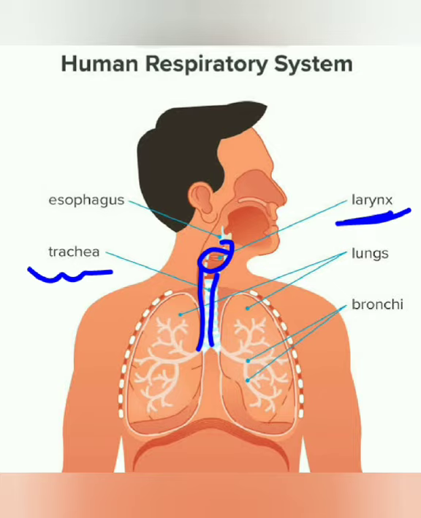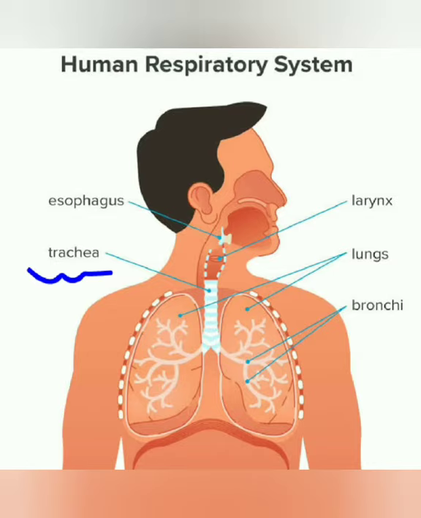The trachea connects the larynx to the bronchi. The wall of the trachea is supported by several C-shaped cartilaginous rings, as they prevent the trachea from collapsing and allow the air to reach the lungs without any obstruction.